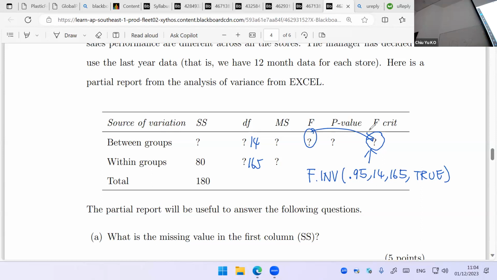Since probably you don't have that in your table, you just write down this and tell me how you make the decision. You say if your statistic is more than the critical value, you reject, or if your p-value is less than 5%, then you reject. I would say you are able to make the decision indeed, but I allow use of Excel for this one.